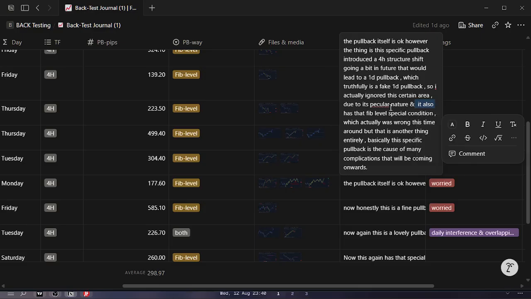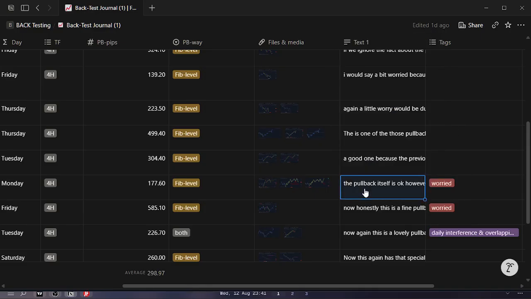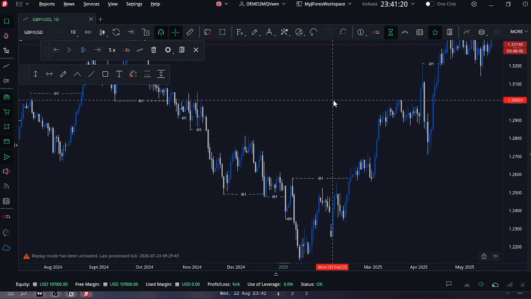It also has that FIB level special condition. By the way, the special condition is the one that we just discussed, which actually was wrong this time around, but that is another thing. Well, basically I have shared the source, so let's just continue.